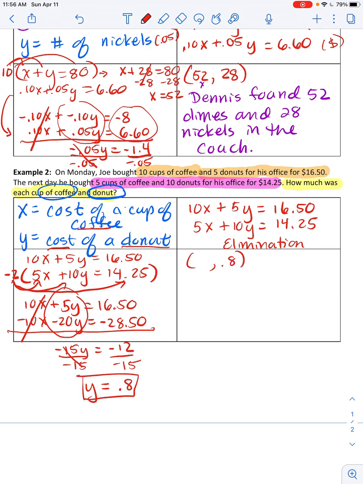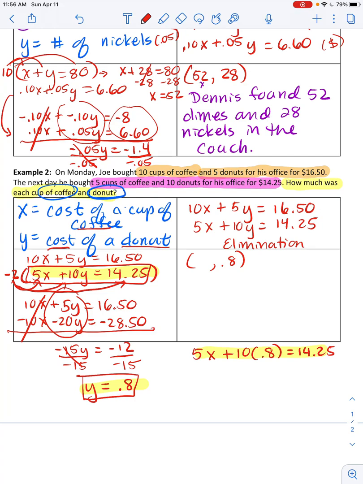After we get y, we have to go back to one of our original problems, plug it in to solve for x. So it doesn't matter which one. Let's go back and take this original problem, 5x plus 10, and then the y that I just found has to equal 1425. So I am taking this bottom equation and plugging in what I just got for y.